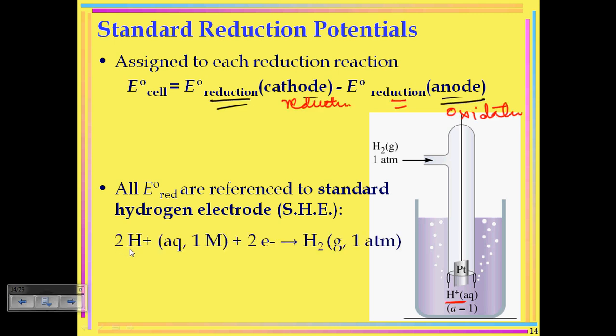The reaction that happens is two hydrogen ions accept 2 electrons to make 1 hydrogen molecule, and the potential of this reaction by convention is taken as 0 volts. We call this the standard hydrogen electrode, and every other element's reduction potential is measured against hydrogen.